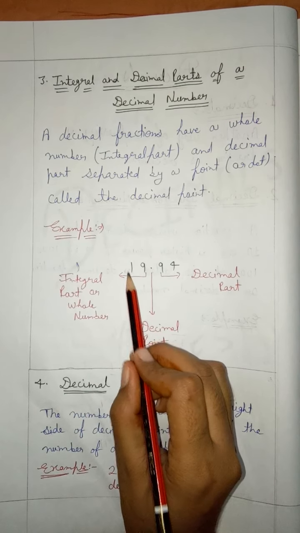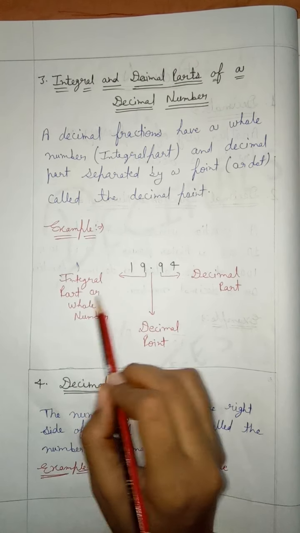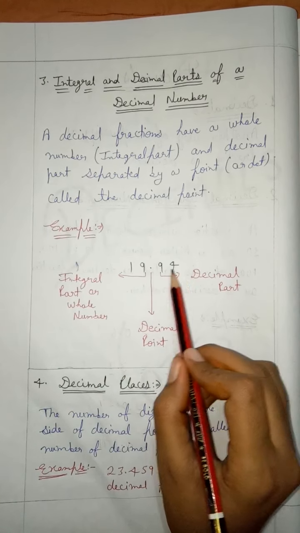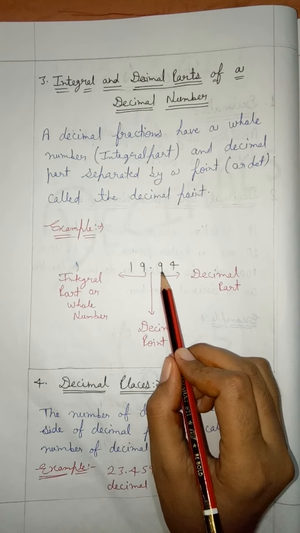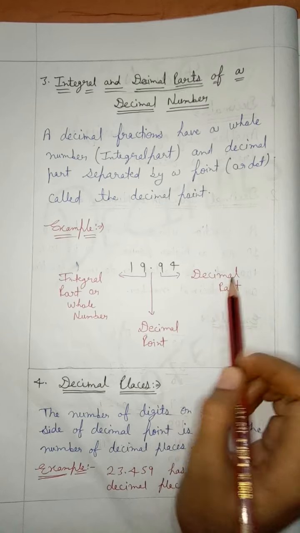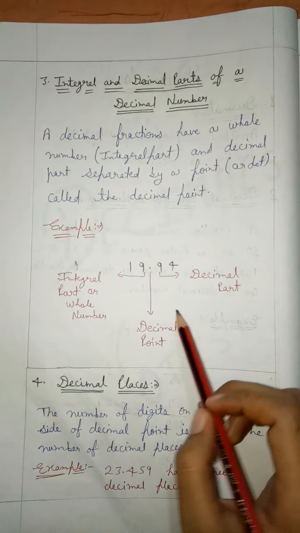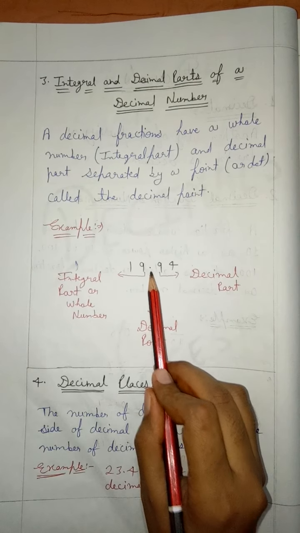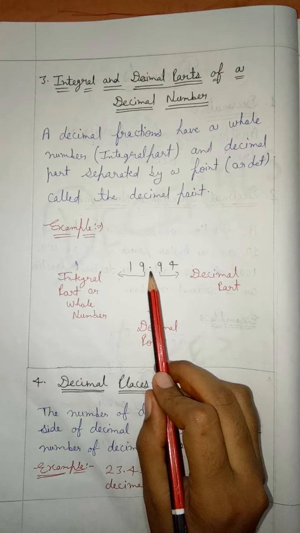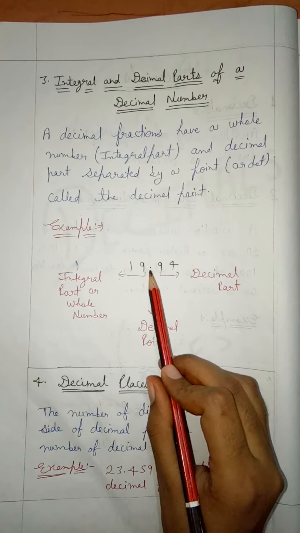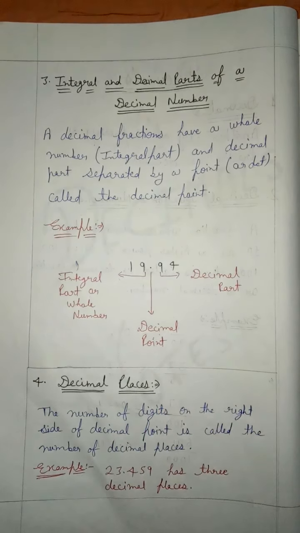We can say this 19 is the integral part or a whole number, and after the decimal, 94 is the decimal part, and this one is the decimal point. Okay, this is the parts of a decimal number. Before the decimal it is the integral part, after the decimal it is the decimal part, and this one is the decimal point.